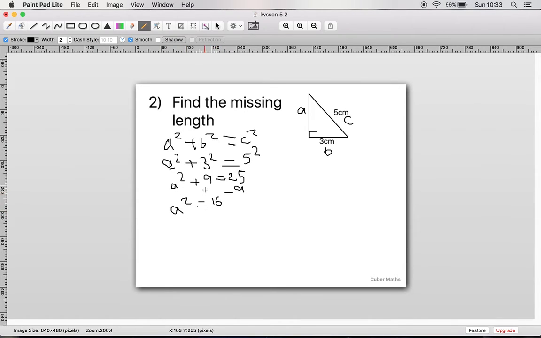But again, A is not on its own, and that's what we need to do to find the missing length. So what we need to do is square root our whole equation, just like in the previous question. So if we square root this all, we're going to get A is equal to the square root of 16. And the square root of 16 is 4, because 4 times 4 is equal to 16. So A is going to be equal to 4.